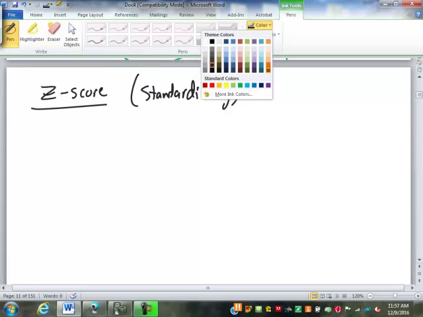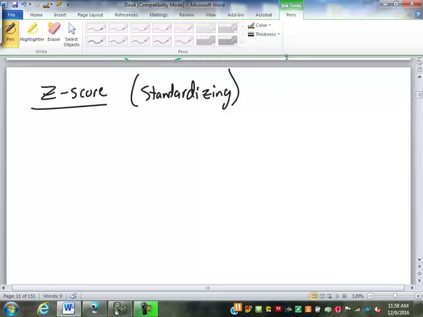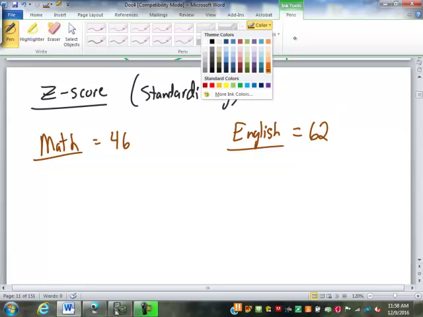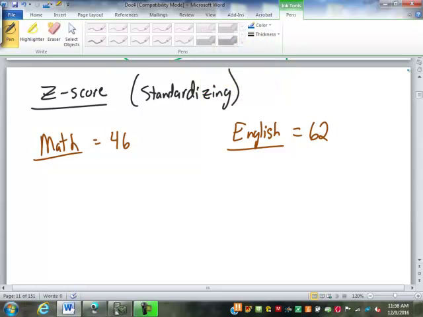So for example, all of you had to take some sort of admissions test or placement test to get in here. So let's say that on your math test you scored 46. And on the English or language portion of your test, you scored a 62. Your reflex might be to look at that and say, hey, we scored a lot better on the English.